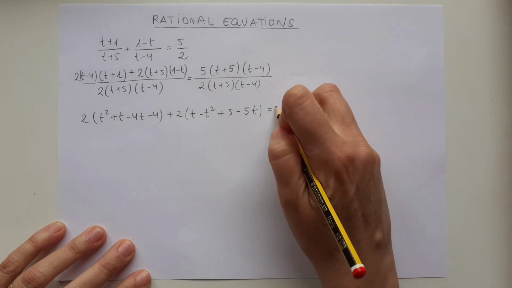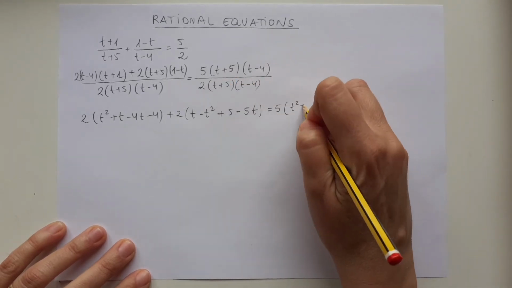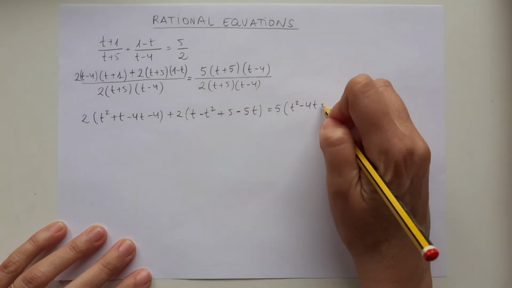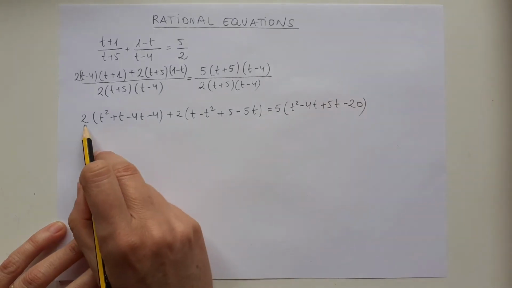And this equals 5 times t squared minus 4t plus 5t minus 20.